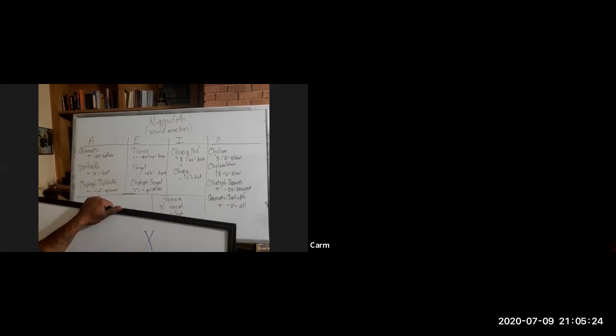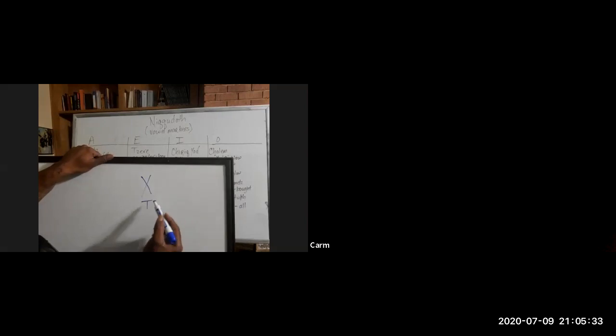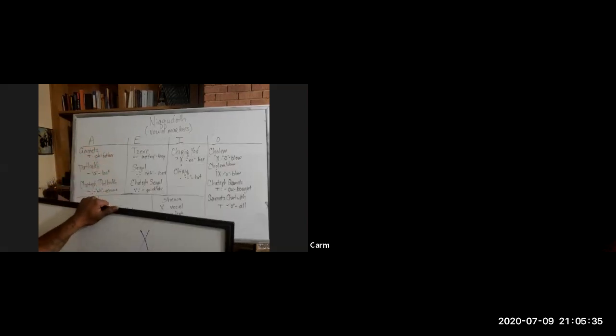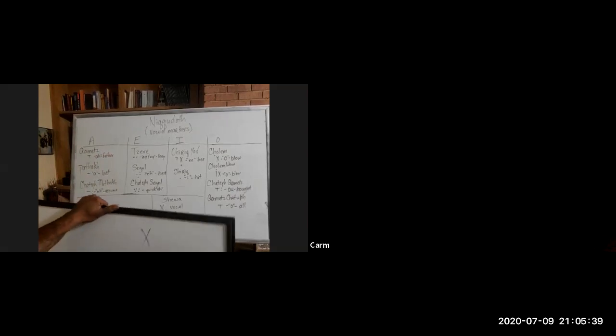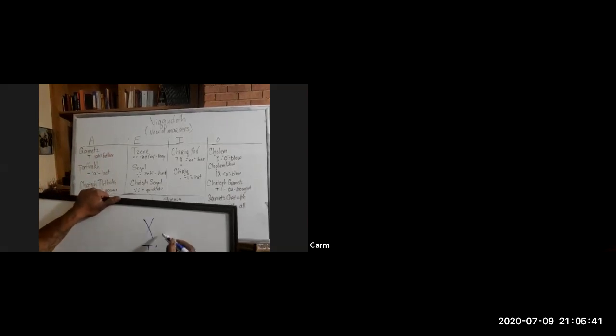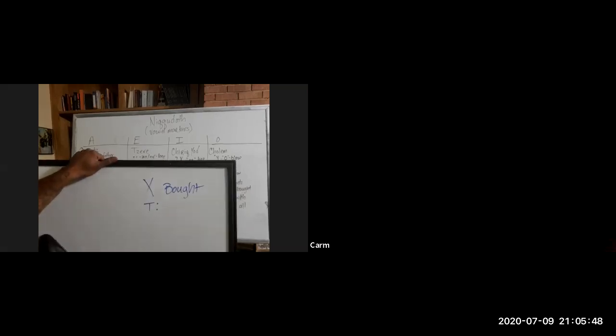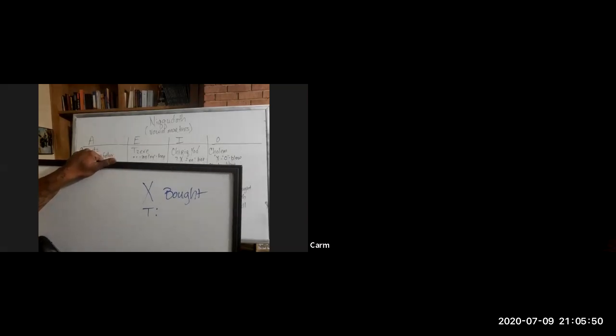Now that's a pretty simple one because if you see that little T with the colon next to it, that's what the schwa looks like, a colon. You know that makes the sound like bought.